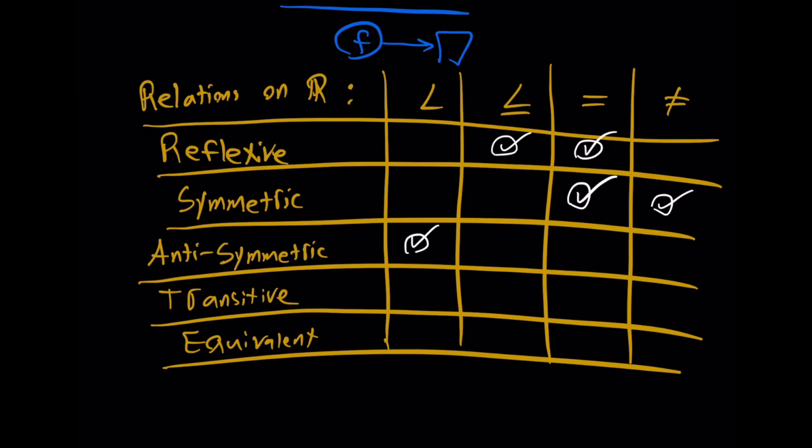Less than is going to work. We talked about that. Less than or equal to will work, and equal to will work. What about transitive? Less than is transitive. Less than or equal to is transitive, and equal to is transitive. What is an equivalence relation? Well, it's going to be equal to. Of course, notice that equality is an equivalence relation because it is reflexive, symmetric, and transitive.